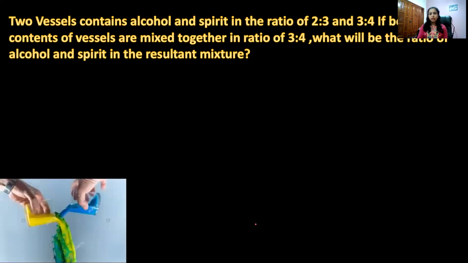Now see the question. Two vessels contain alcohol and spirit in the ratio of 2:3 and 3:4. But what is the difference here? They are mixed in the ratio of 3:4. So first you take the sum.